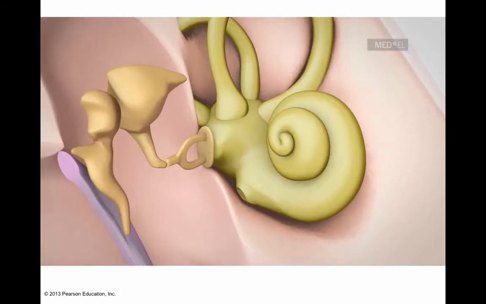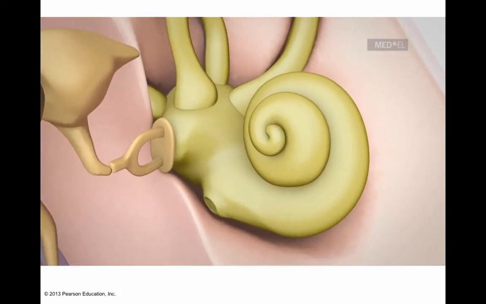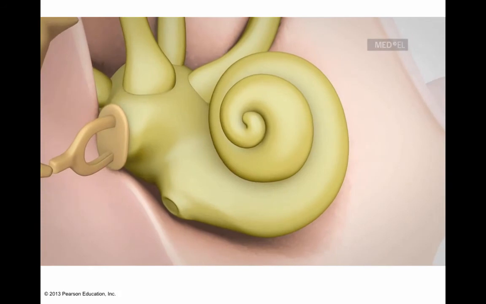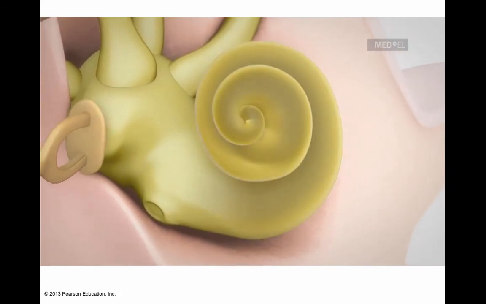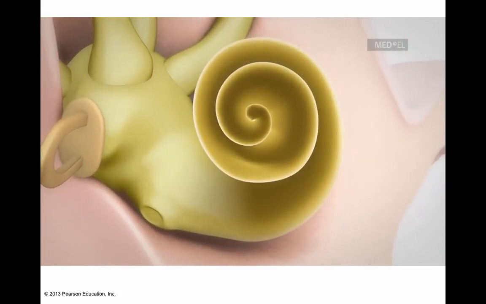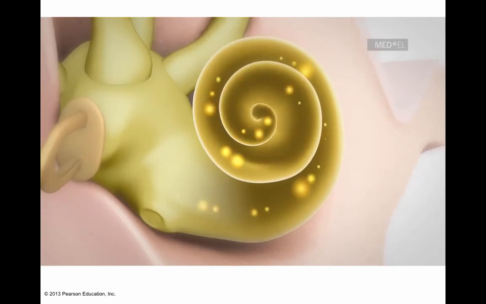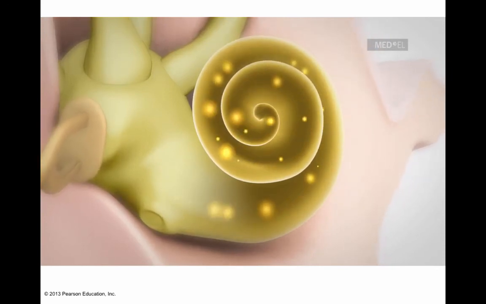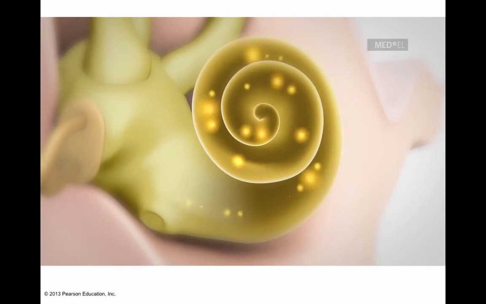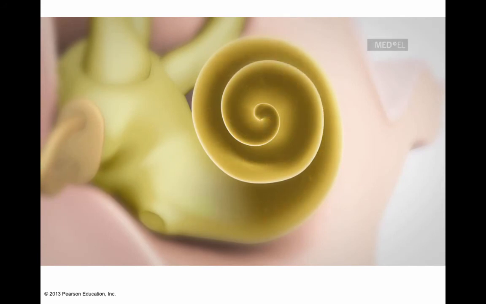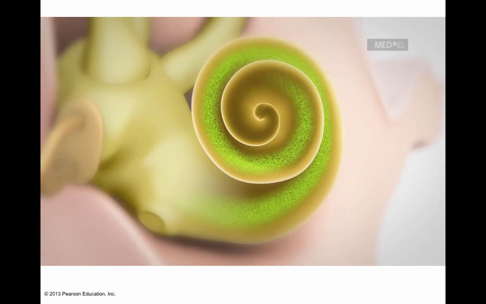Within the inner ear, the cochlea plays a central role. It is here that the mechanical energy of sound is converted into complex electrical signals, which are then passed on to the brain. In simplified terms, the cochlea is a spiral-shaped tube filled with fluid. Sensory cells, also called hair cells, line the entire length of the cochlea. These hair cells have varying degrees of sensitivity for the detection of different tones or frequencies.